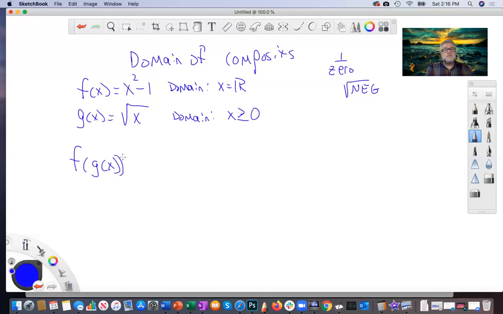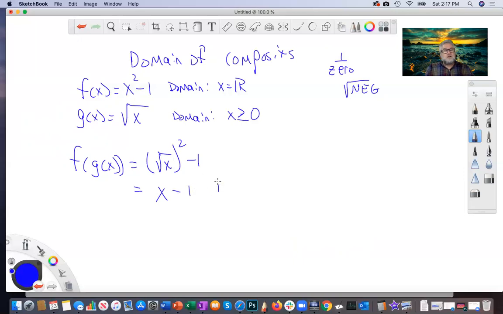But now if I figure my composite function, I'm going to take g of x and plug it in wherever I see an x. So I'm going to write this as square root of x squared minus 1. What's the square root of x squared? Oh, that's going to be just x, because the square root function and the squaring function kind of undo each other.